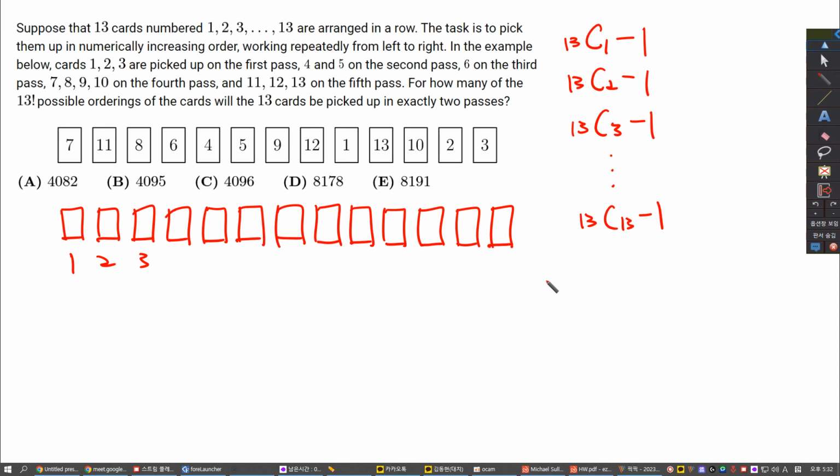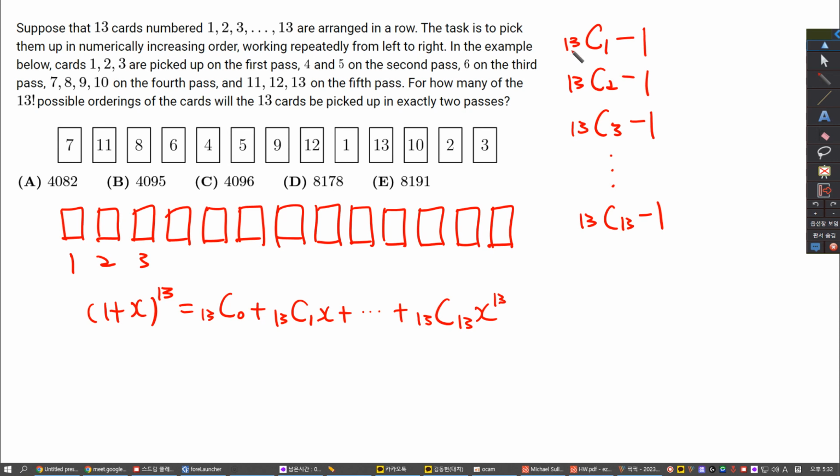To make the sum easier, we are going to use the binomial theorem. So the binomial theorem means if we take this to the 13th power, this is called the binomial theorem.